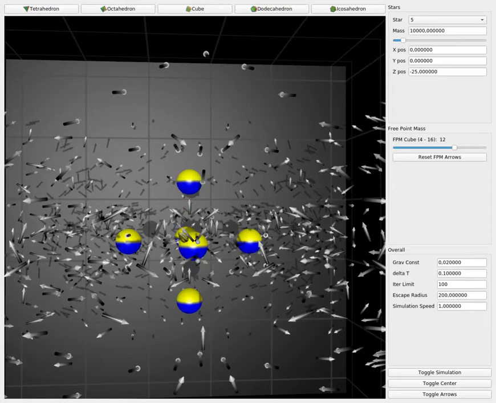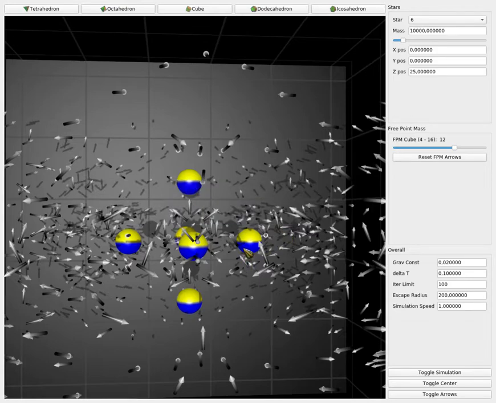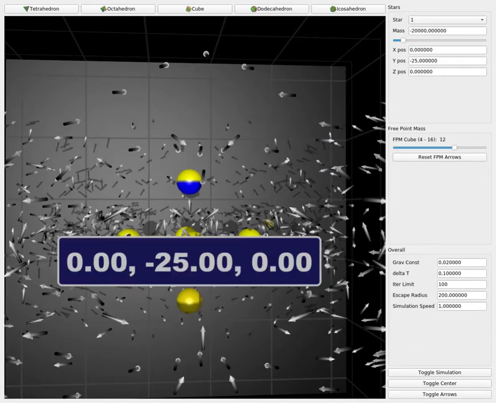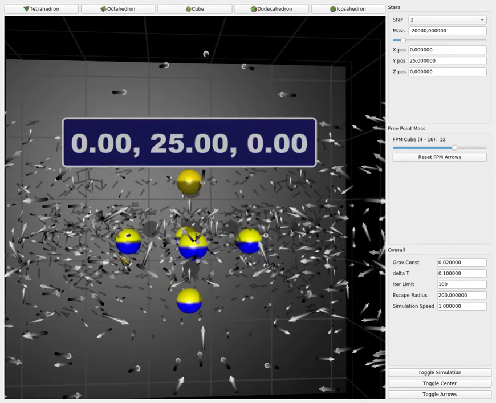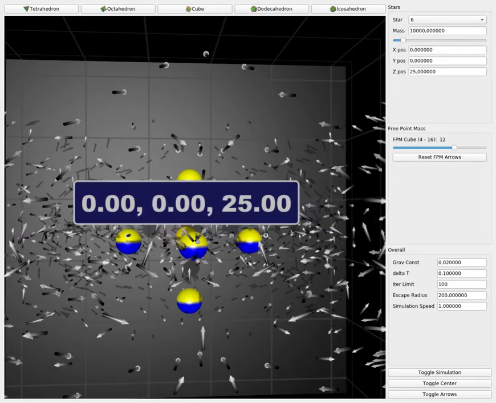Now, for this particular configuration, the sum total of all the masses is 0. So the negative masses sum up to negative 4,000. And these 4 masses here all sum up to 40,000, not 4,000.